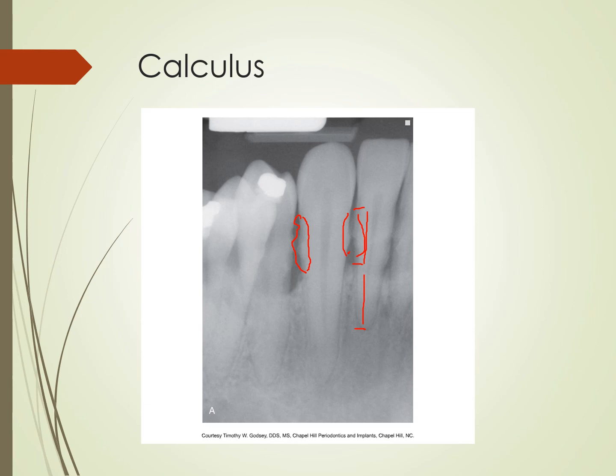It is stone-like. After it's been there for a while, a couple of years, it becomes almost as dense as the tooth itself. It's going to feel like cement trying to get that thing off, okay?